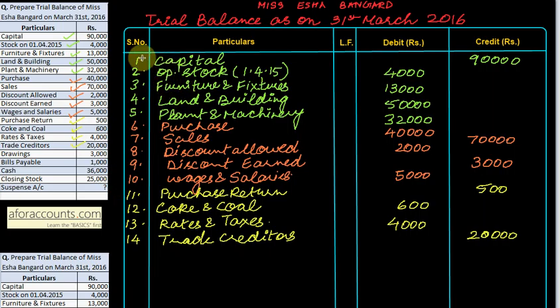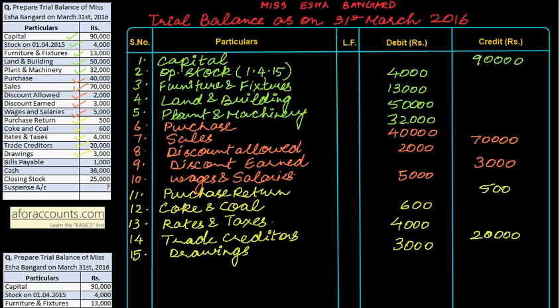Now capital, see the first point, capital is having credit balance and you are reducing your credit balance due to drawing. So drawing has a debit balance. Drawings, your debit balance 3,000. So next point, after drawings, bills payable 1,000.